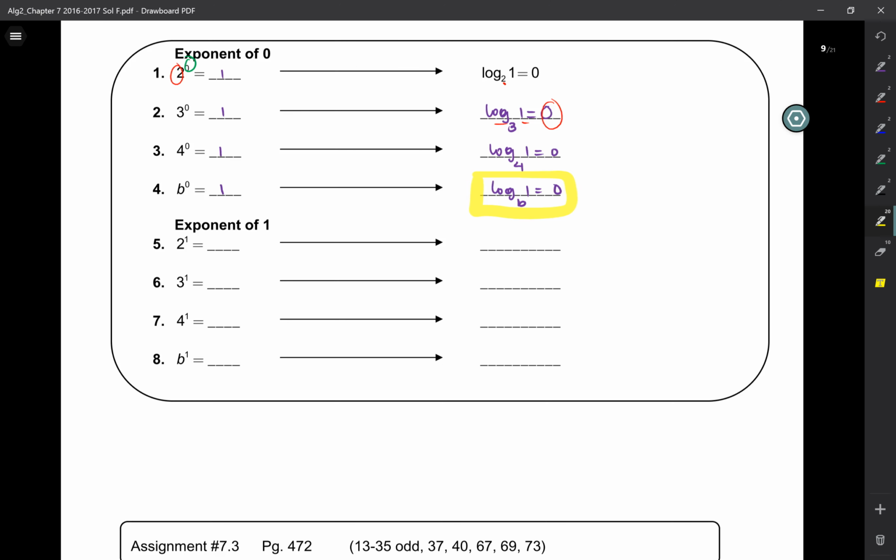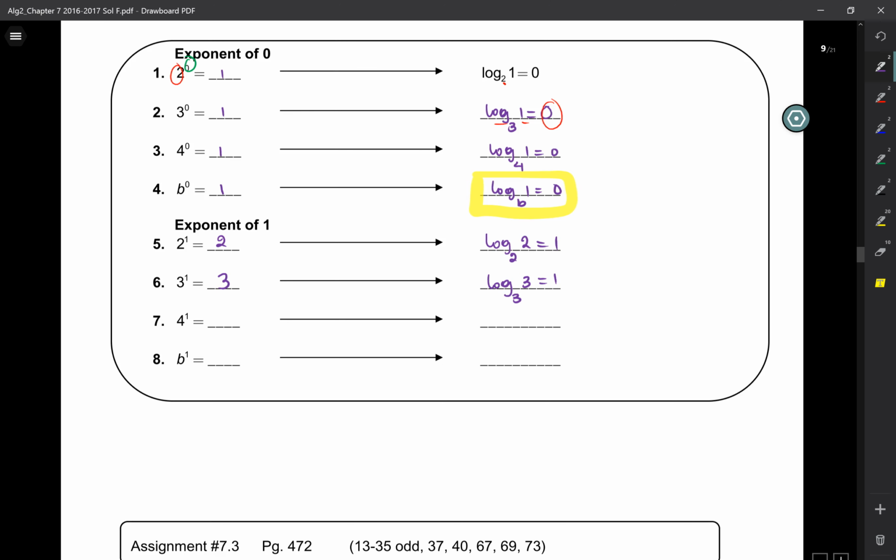Okay, so let's do an exponent of 1 now. What's 2 to the 1? 2. So if I were to write that as a logarithm, what would it be? Log base 2 of 2 equals 1. 3 to the power of 1 is what? 3. So everybody together, how does the log look? Log base 3 of 3.